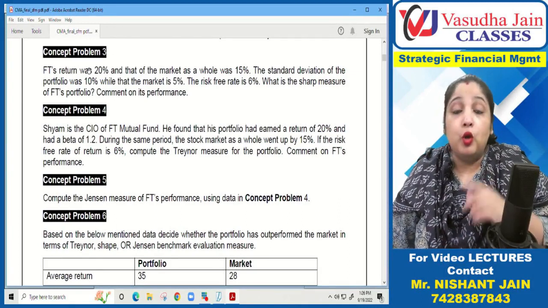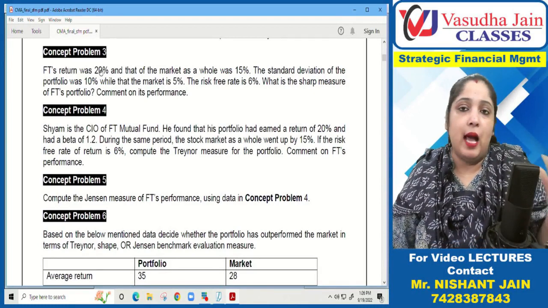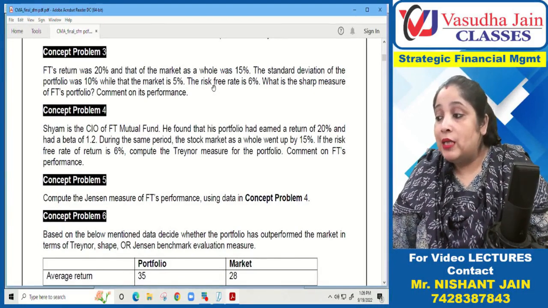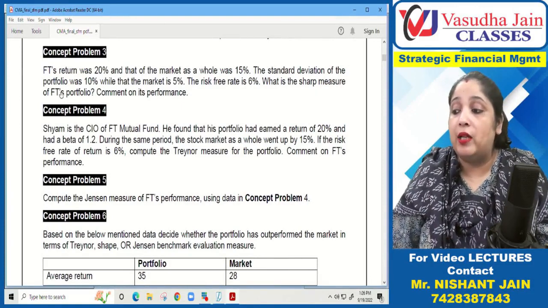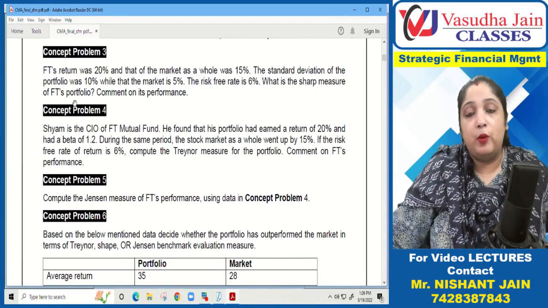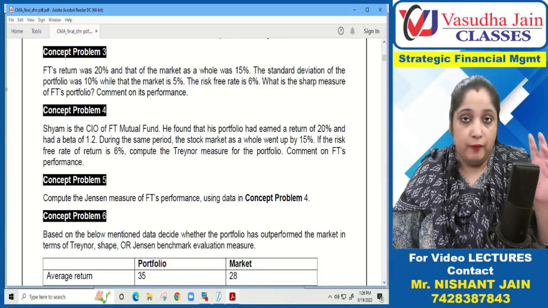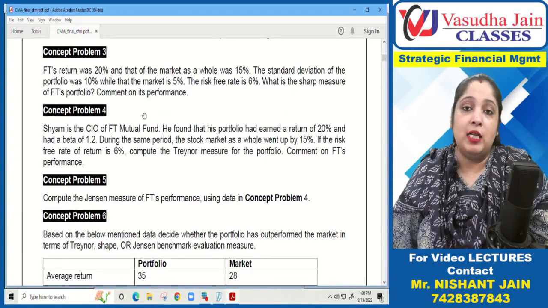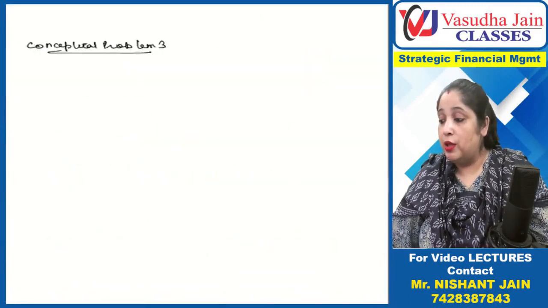Your mutual fund portfolio has high risk and gives high return. The risk-free rate of return is 6%. What is the Sharpe measure of the FT portfolio, and comment on its performance. So let us solve this question using the following figures.